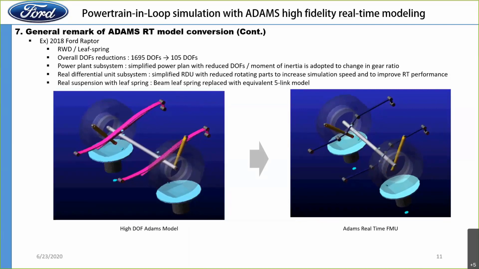However, because the part we are interested in is only the lower frequency range up to 40 or 50 hertz, we worked with the MSC Adams team and reduced the degrees of freedom, and now we created the 5-link model for the Adams real-time FMU for the leaf spring. This one is already in production right now.